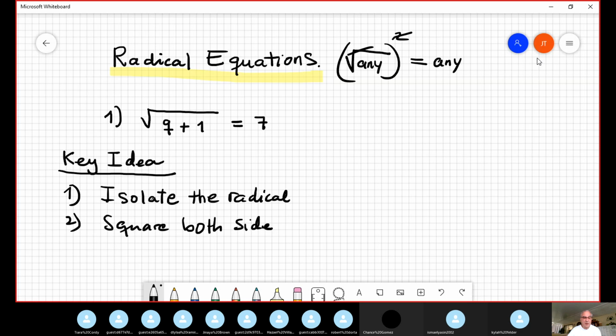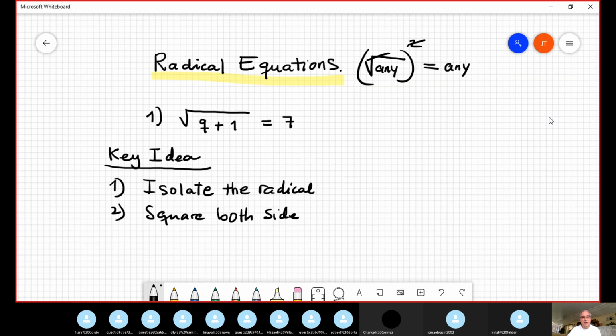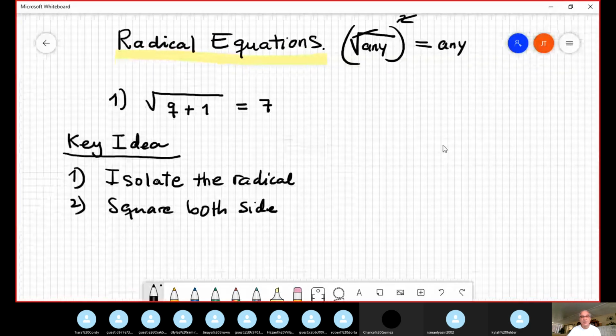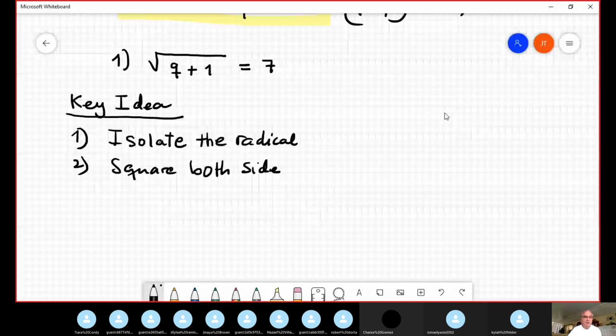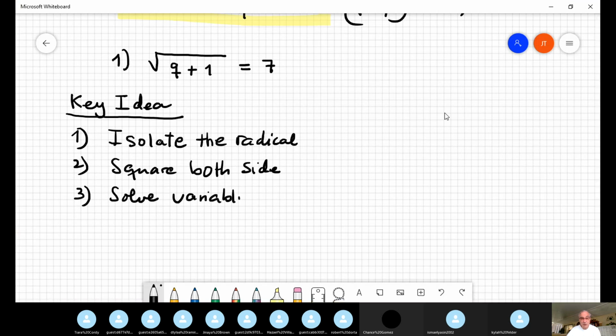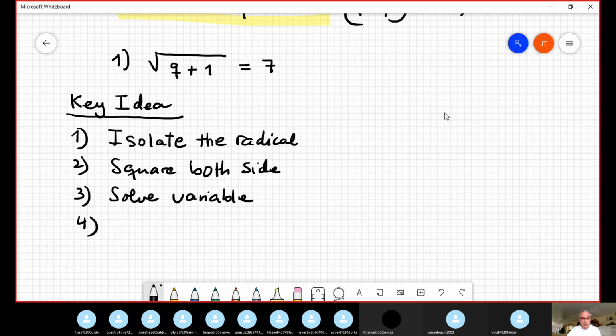Now, after you manipulate the new equation without radical, so you eliminate the radical, the rest is algebra. And finally, you solve for the variable. And very important, number 4 step is checking.